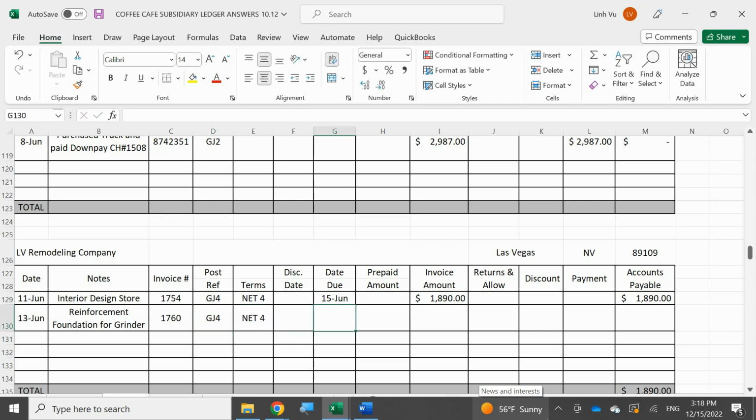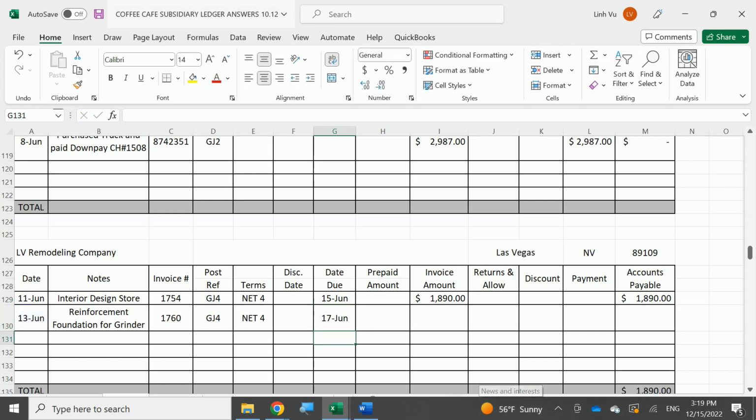Okay, so therefore, when is this bill due? If I received it on the 13th, 4 days later, when is this bill due? The 17th. Due on the 17th, good.